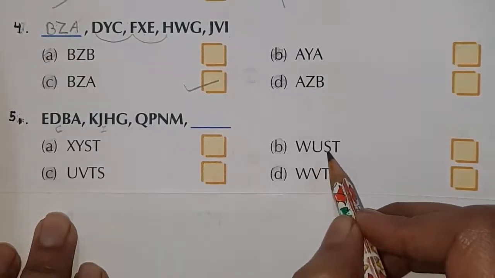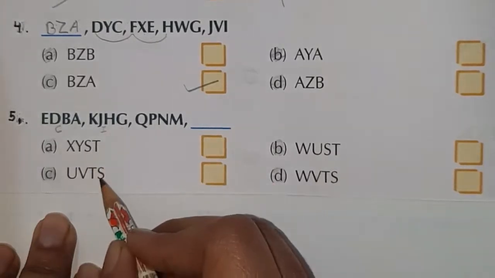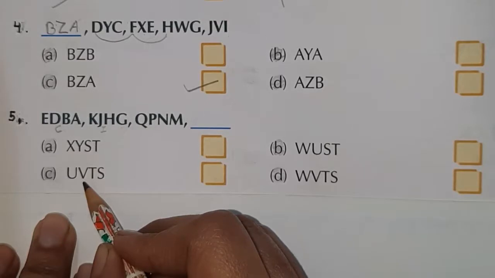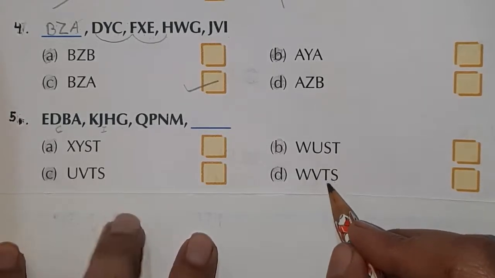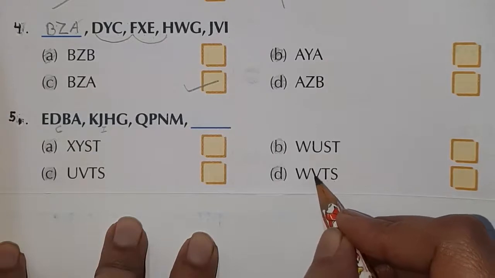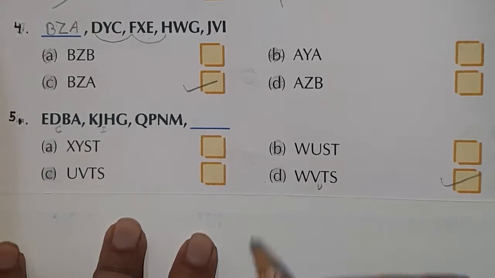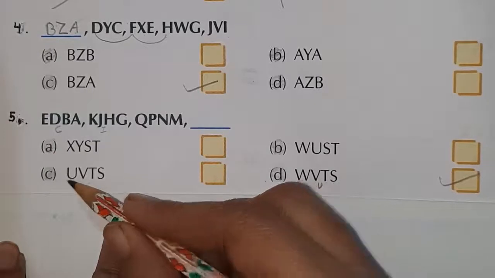S, T, U, no. T, S, no. S, T, U is left. V, W, wrong. After S, T you have to leave one alphabet. U, V, W. Option D is correct. Understood? Here only one digit, one alphabet is changed, but it is wrong.